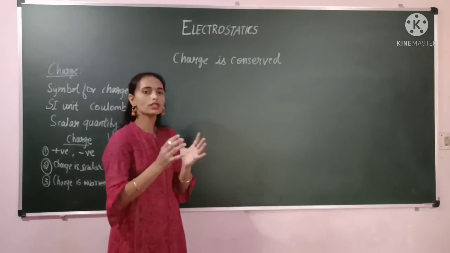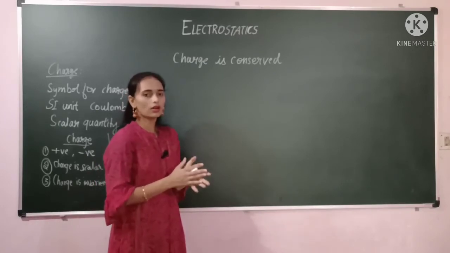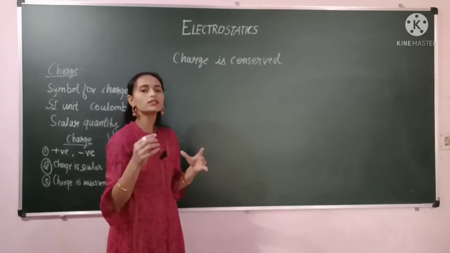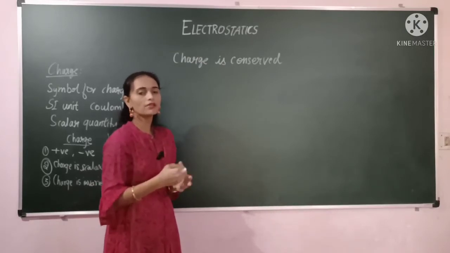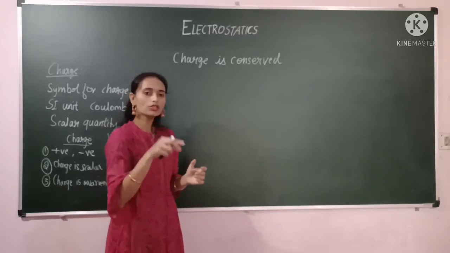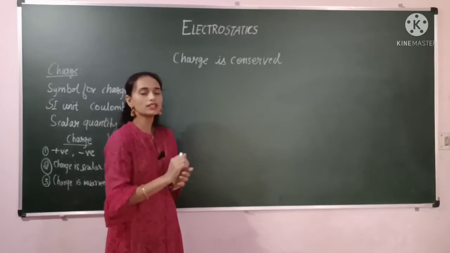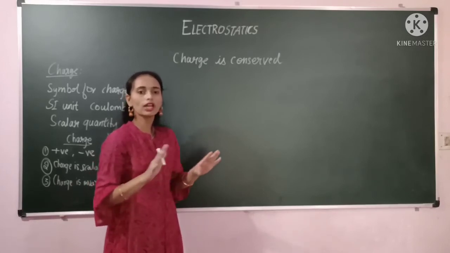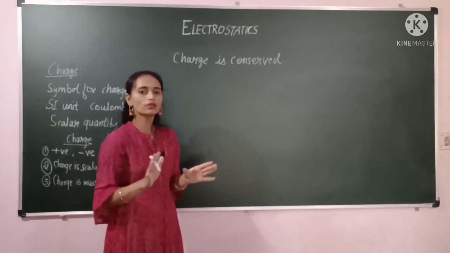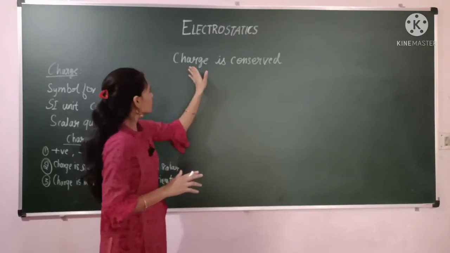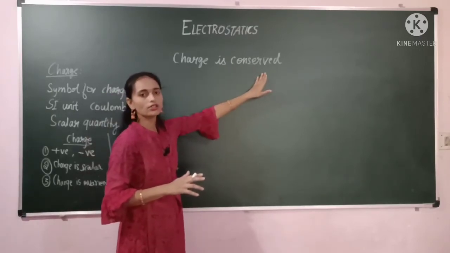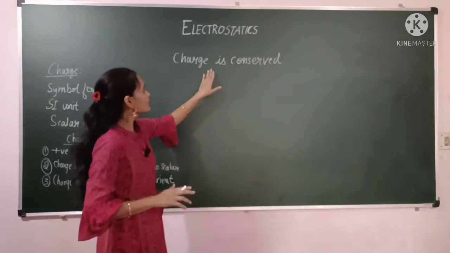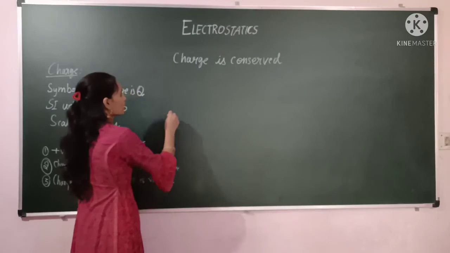After disturbing that object, if the outermost boundary is isolated, meaning insulated, then the number of charges present inside that body will always remain constant. The number of charges will not change. So that is what charge conservation is. The charge of an isolated system always remains constant. So this is about the conservation of charge.